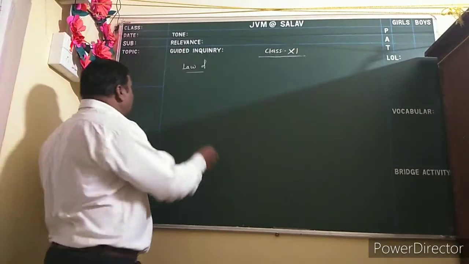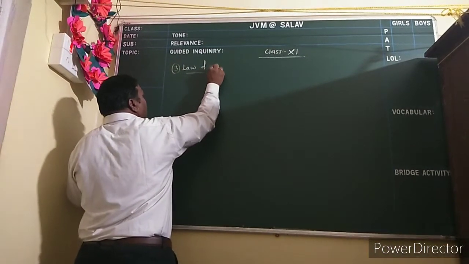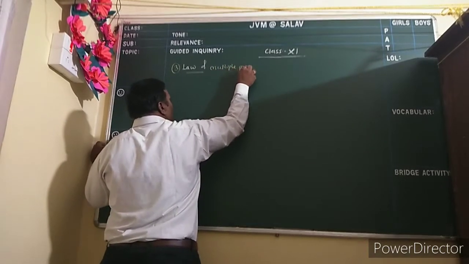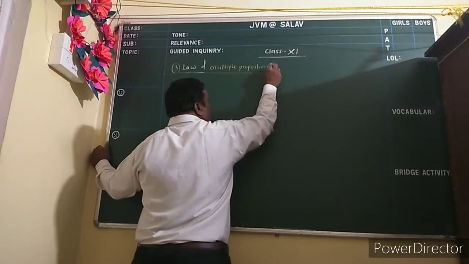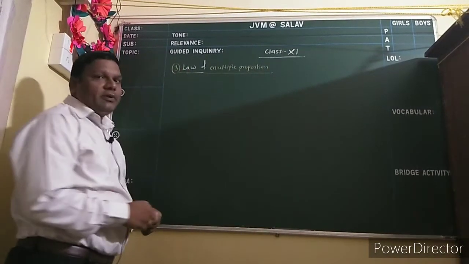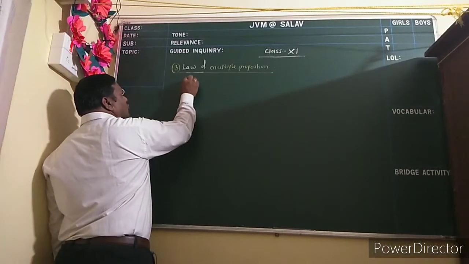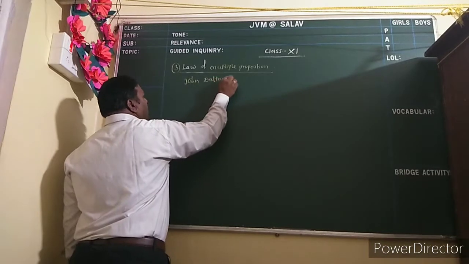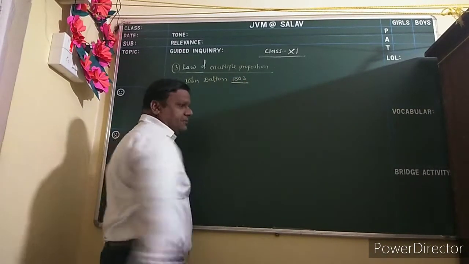The third one is the law of multiple proportion. It was discovered by John Dalton in 1803.